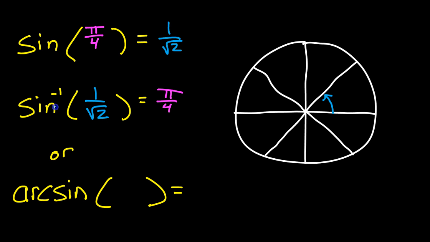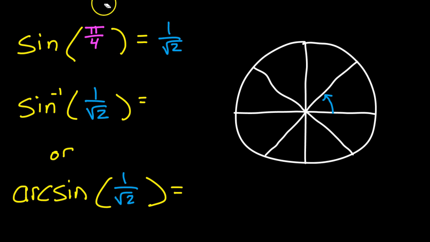When you're doing an inverse trig function, which can either be written with a little -1 here, that's inverse sine, or sometimes you'll see it written as arcsine. These two things mean exactly the same thing. Either way, what they are asking you is, what is the angle that will give you this answer? What angle will give you this answer? So an inverse trig function is an angle. It's the angle that it would take to give you the answer inside.